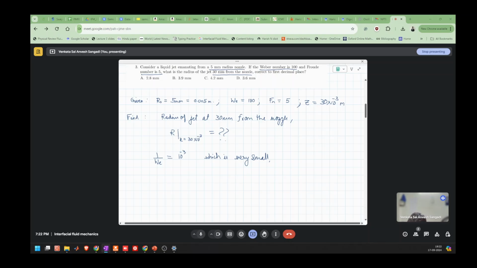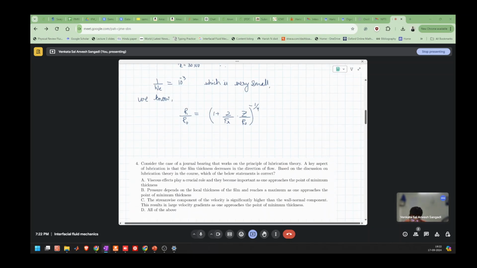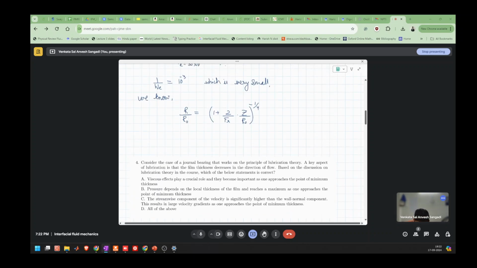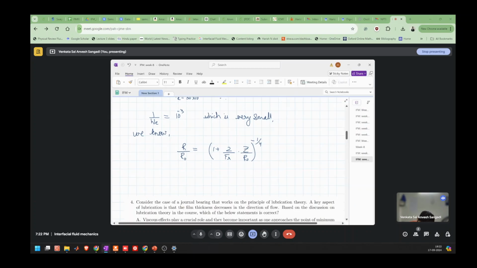Therefore, we know R by R naught is equal to 1 plus 2 by Fr times Z by R naught, to the power of minus 1 by 4.